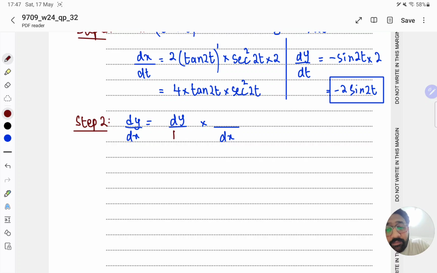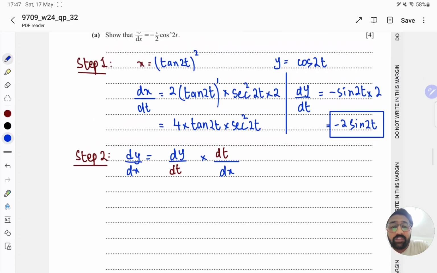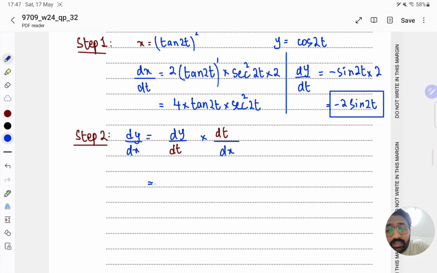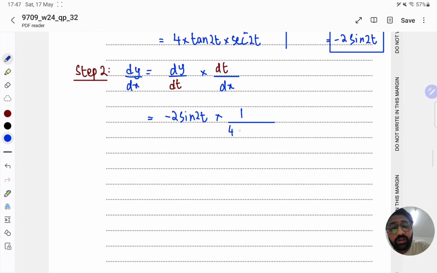Now dy over dt I already have, which is minus 2 sine 2t, multiplied by, since the other one is dx over dt but I need dt over dx, I have to take the reciprocal of it, which will give me 1 divided by 4 tan 2t multiplied by secant squared 2t.